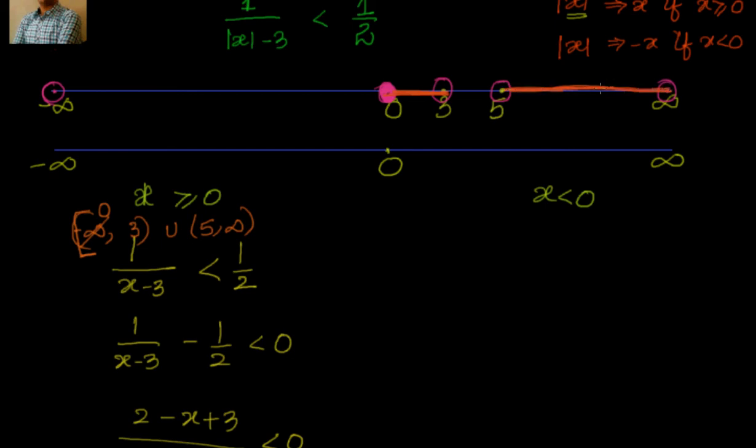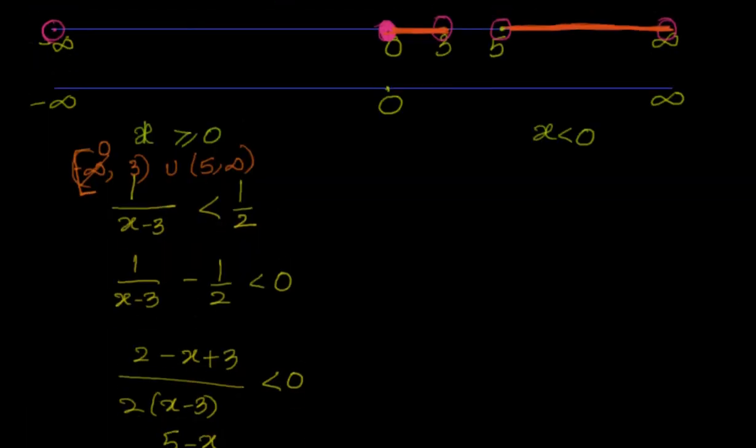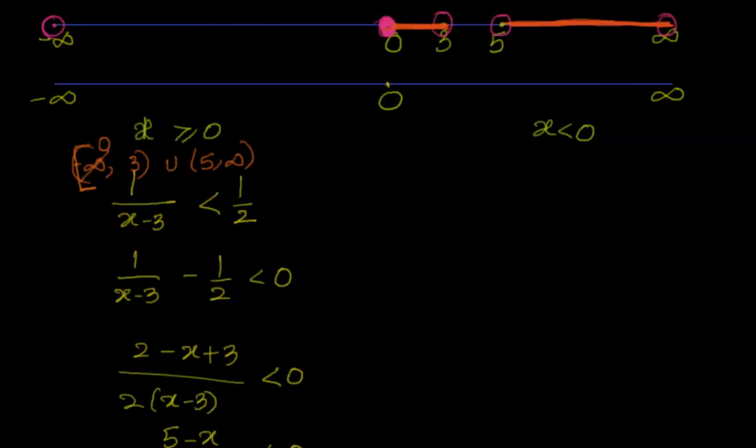If I have taken x is positive, that means x is greater than or equal to 0, the solution is nothing but 0 to 3 and 5 comma infinity. If you solve this like how we did in the last session, this is of the form ax plus b by cx plus d, right? We have seen that in the last session. Now the solution will be actually minus infinity to 3 and 5 to infinity, but we are only considering the values x greater than or equal to 0.